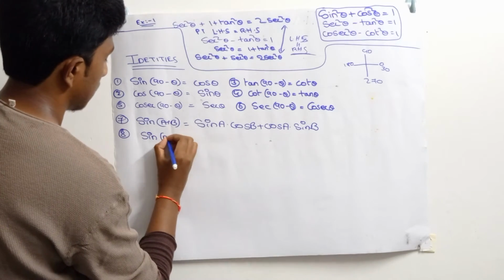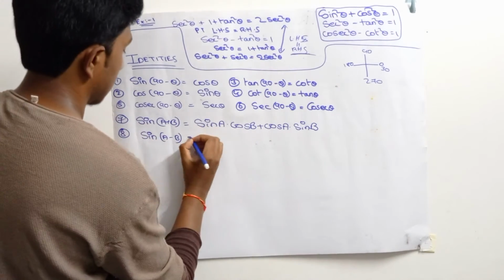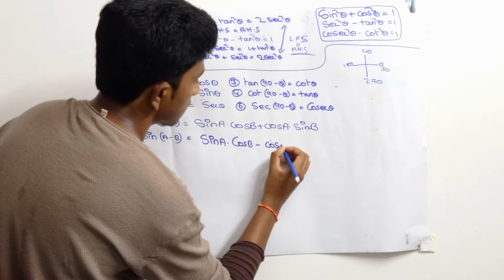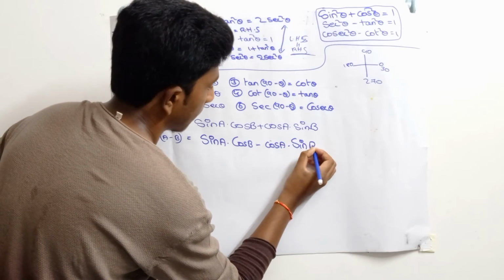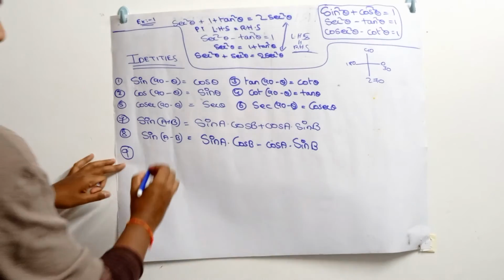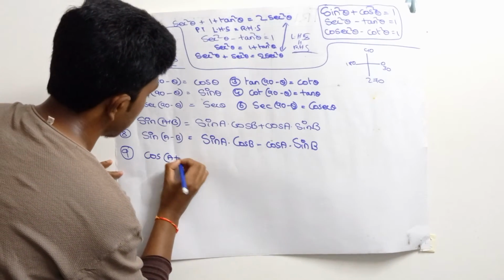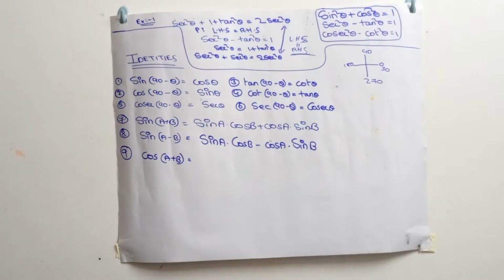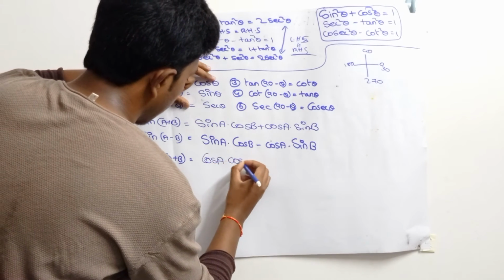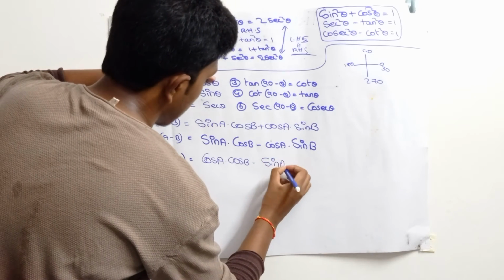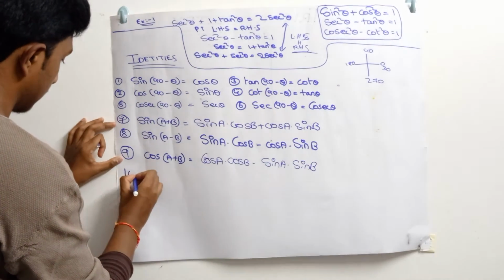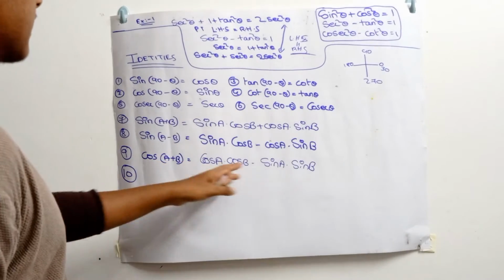And now sin A minus B: sin A cos B minus cos A sin B. And the ninth one is cos A plus B: cos A cos B minus sin A sin B.